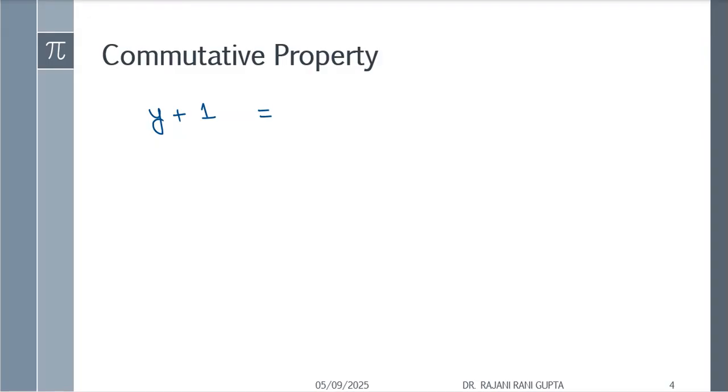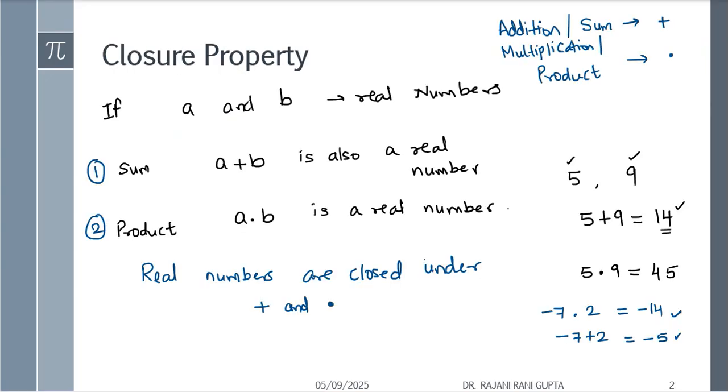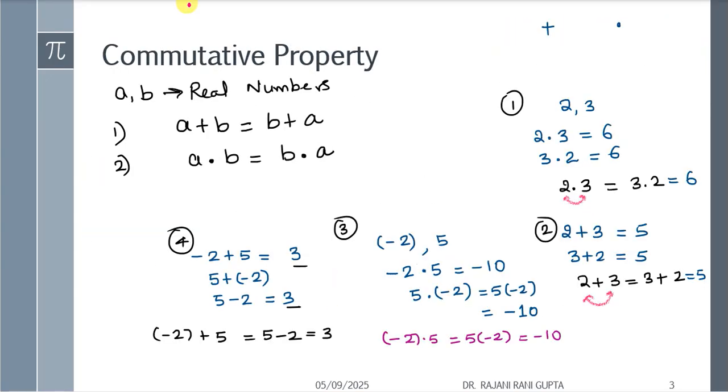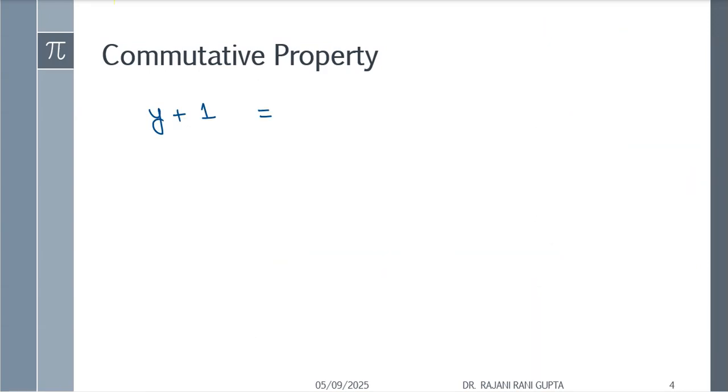What we do in the commutative property is just shift the position, swapping the position. We change the position of y and 1. So we write 1 first, and then y. The sign is addition, so 1 plus y. By using the commutative property, we can write it.